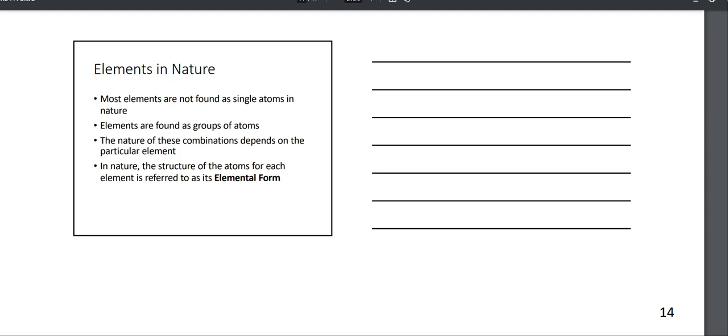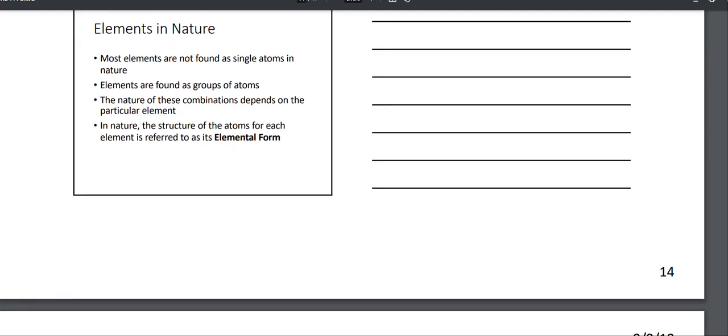What does the nature of that element mean? It varies if it is a metal, it varies if it is a non-metal, it varies if it is from group 1 or group 2, and so on and so forth. In nature, the structure of the atoms for each element is referred to as its elemental form.